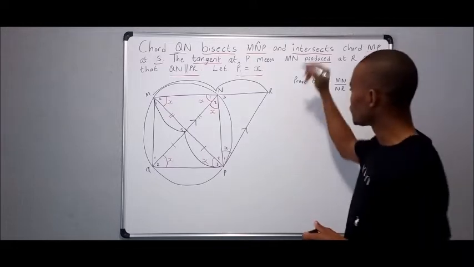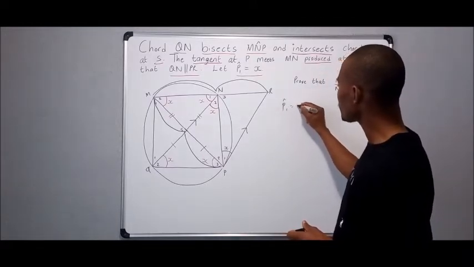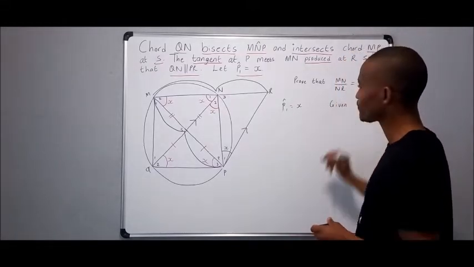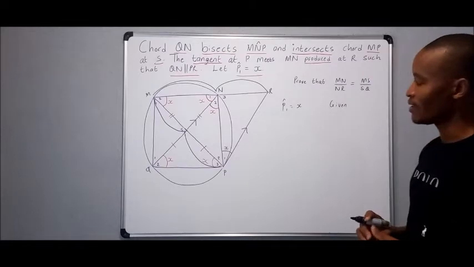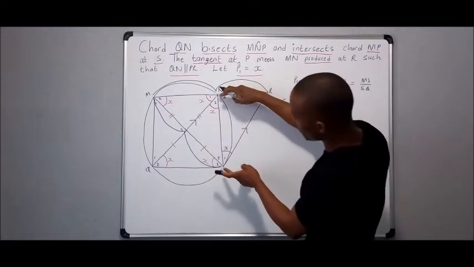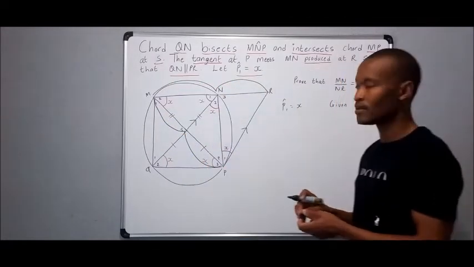What do we know? We know that angle P1 is equal to X. This is given. And what do we know regarding the tangent and the chord? They subtend that angle there.